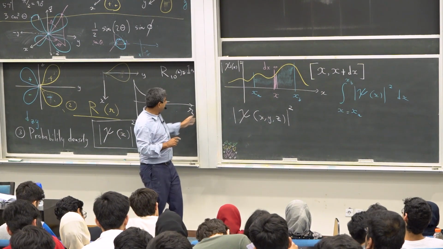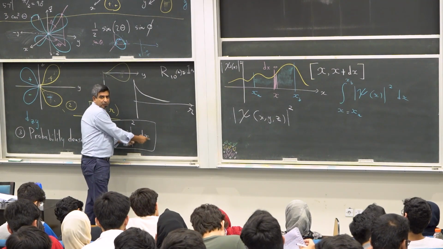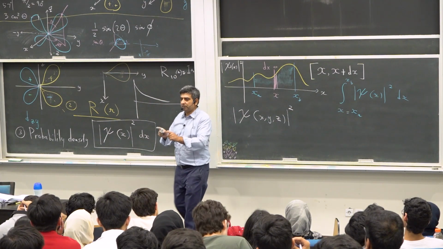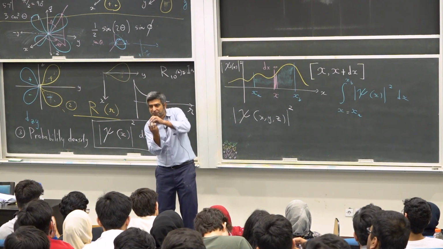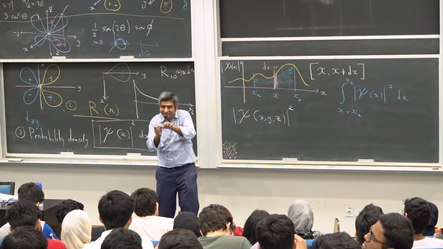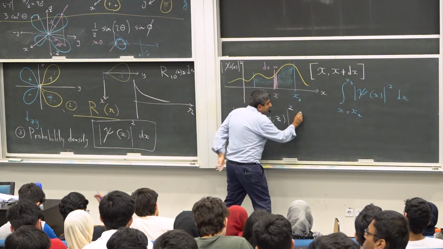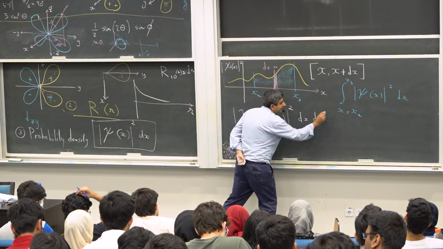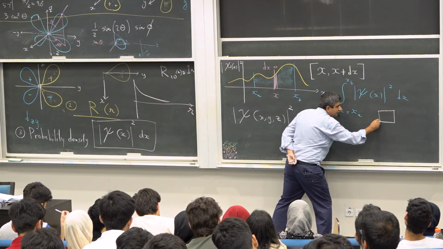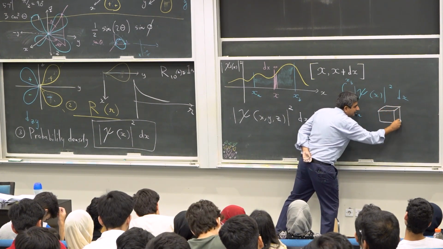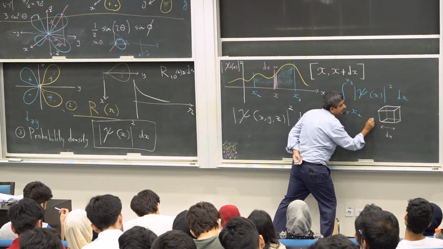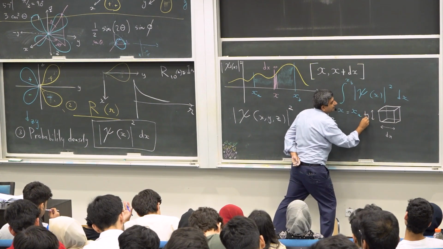And here I take a small region dx in 1D. What will be the corresponding small region in 3D? Right, it will be a small cube, a really small cube centered at x, y, z, and its volume is going to be dx, dy, dz. So this is a really small cube which I am exaggerating for clarity, of dx, say dy, and say dz.